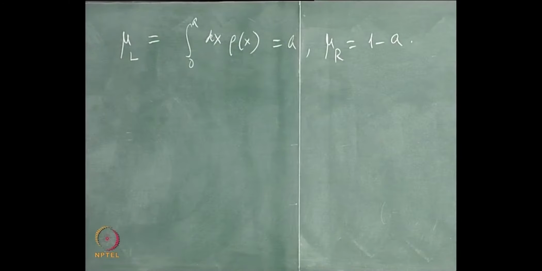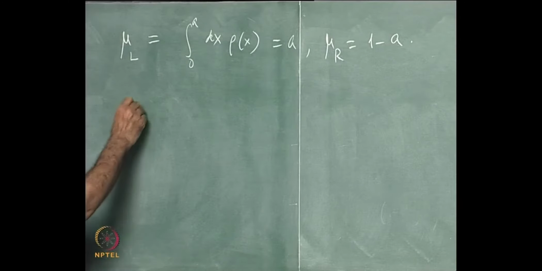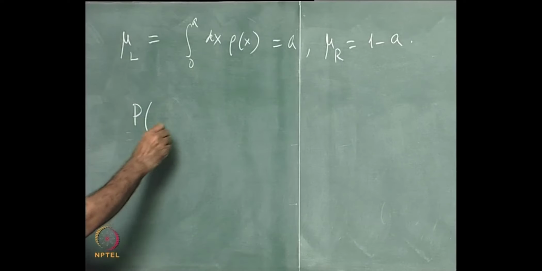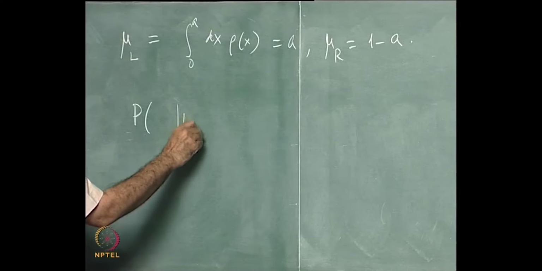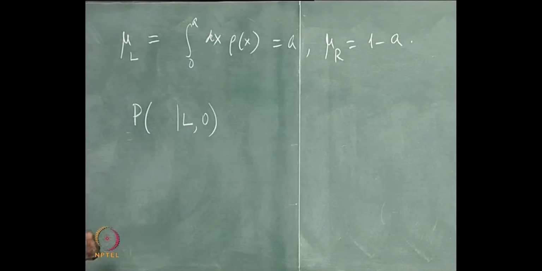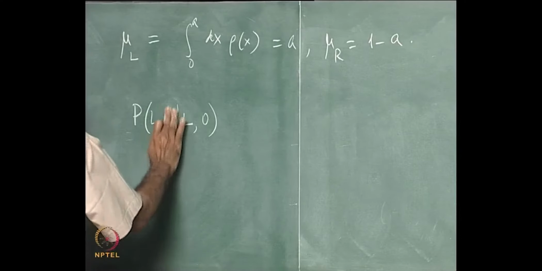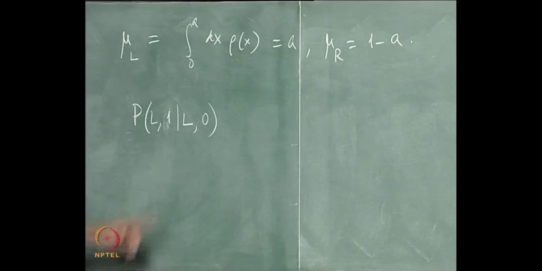I need to calculate the transition probabilities. So I need to calculate quantities like the probability that if I start at 0 at time 0 in the left cell, I remain in the cell L at time 1, at the end of one time step. So let us put the time steps here.